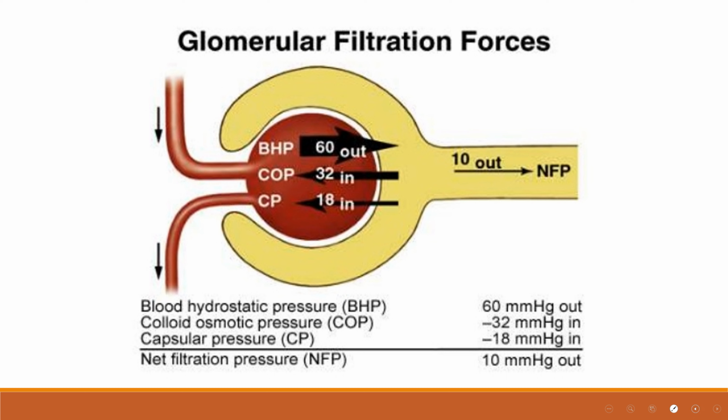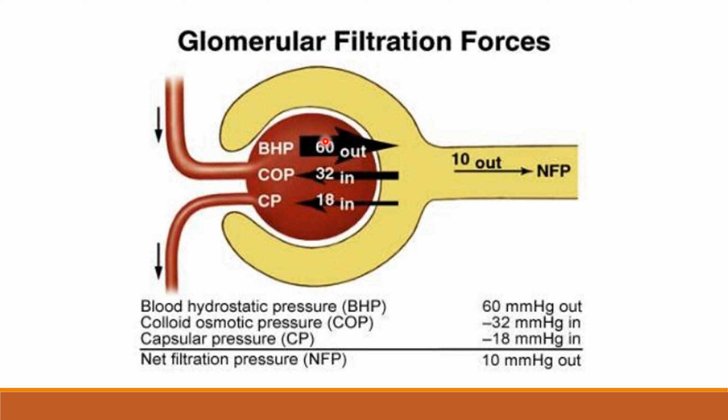Here is the relation between the different Starling forces which govern the filtration at the glomeruli. To clarify this to you, we have 4 Starling forces in fact, 2 oncotic and 2 hydrostatic.